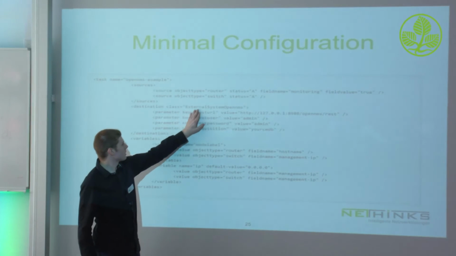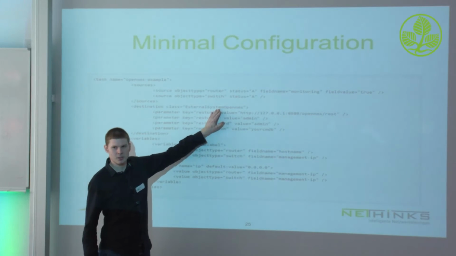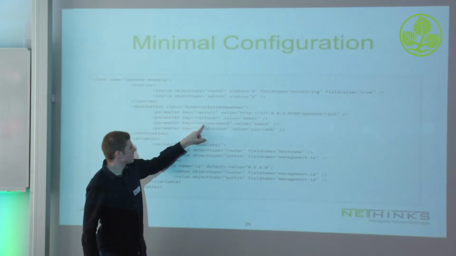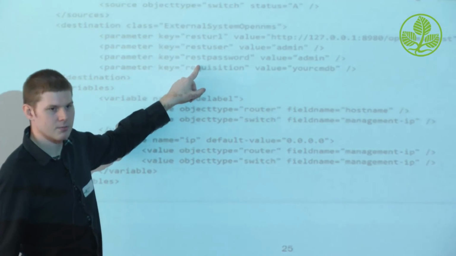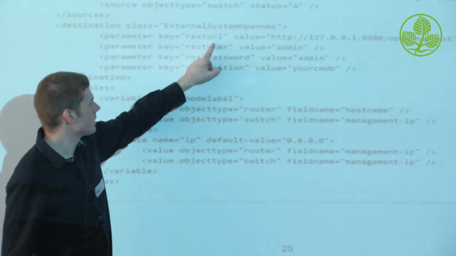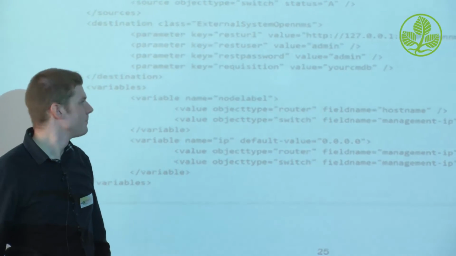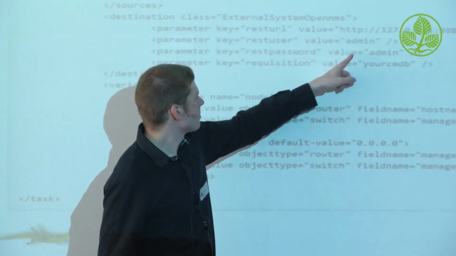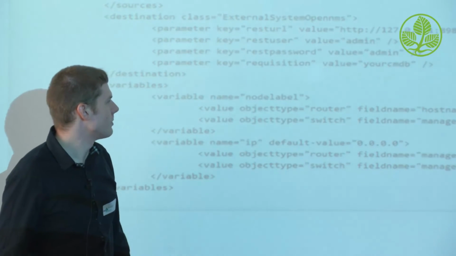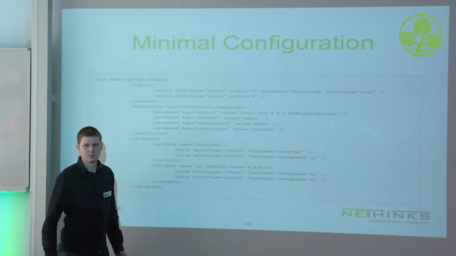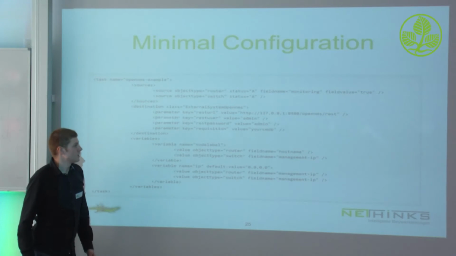Here we have the class external system OpenNMS, which defines the external system. We need these four parameters: the REST URL, so the URL to the OpenNMS REST API, a username and a password, which is the default here for OpenNMS, and a requisition name where the objects are created.